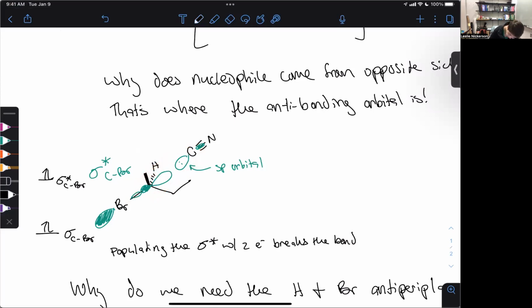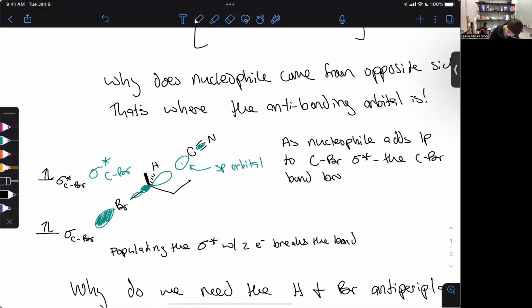So as the nucleophile comes in, the carbon to bromine bond breaks, and the carbon-carbon bond forms.